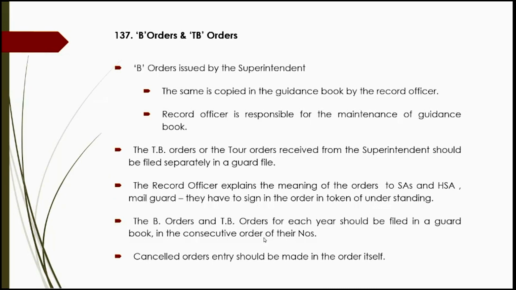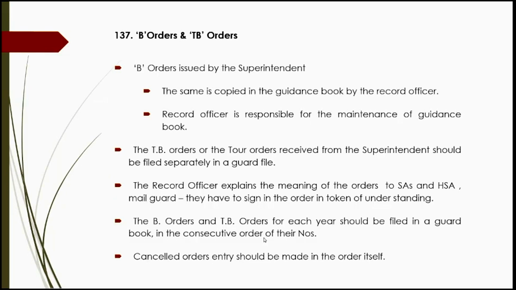So those changes are issued as orders. Those orders are called A orders. Who issues the sorting list? Superintendent. So who has the power to order changes in the sorting list? Naturally, superintendent only. That is why A orders are issued by superintendent.